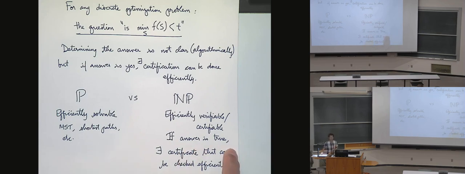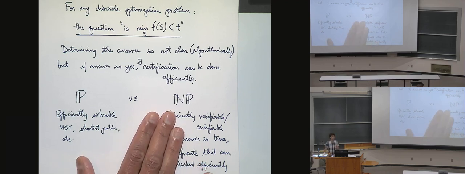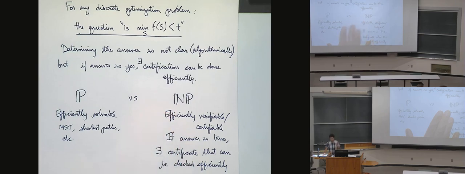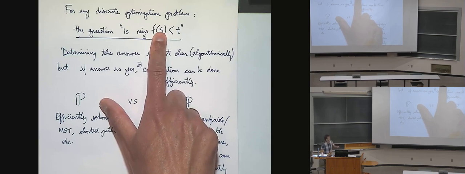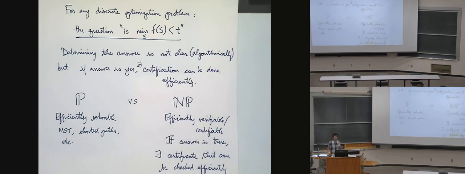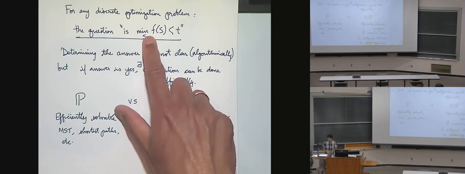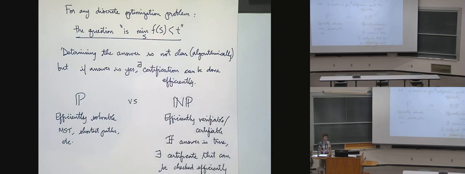If the answer is true, I just want to be able to verify it efficiently. Okay, that's what NP is. So every discrete optimization problem is in NP. Why? Because if the min is less than t, there is a certificate, and that's exactly that S. And that S can be checked efficiently because f of s can be computed efficiently.